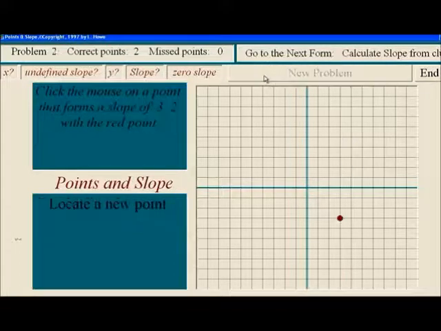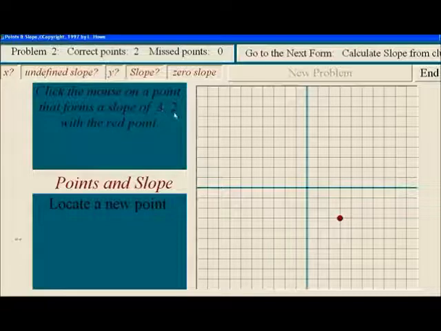Let's do another problem. Click the mouse on a point that forms a slope of 3 halves with the red point. Now there are two mistakes that students make. One is sometimes they count slope from the origin, which is wrong. We want a line that forms a slope with this red point, so we need to count slope from here.